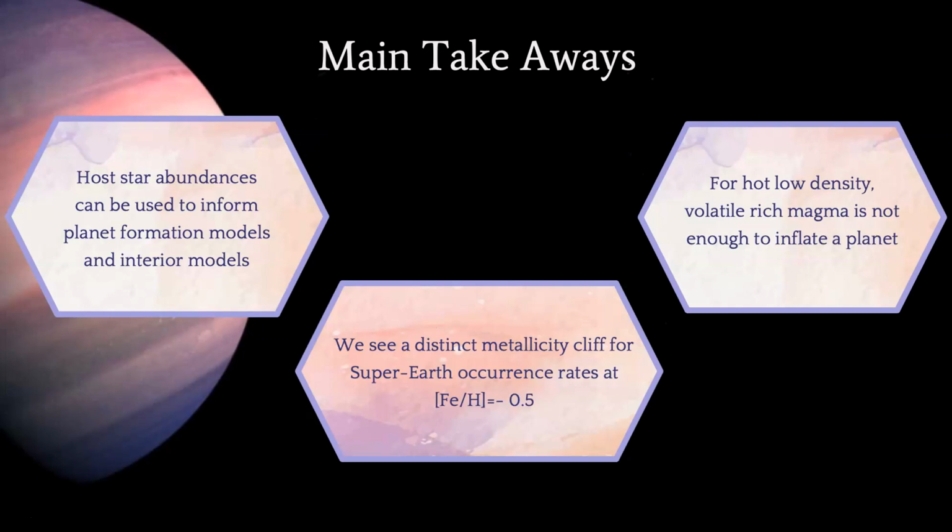I essentially made the pipeline. Basically we get the FFI data from Eleanor, and then we use Wotan as well as transit least squares to do our detrending, as well as some sigma clipping code that I've written myself.